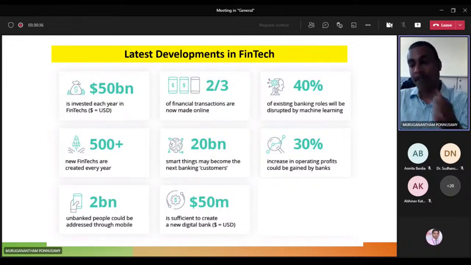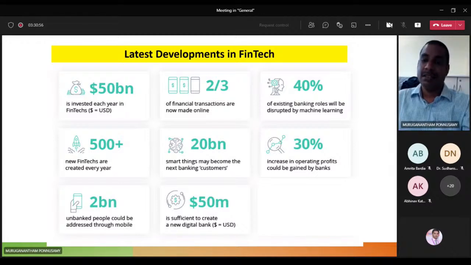A 30% increase in operating profits would be gained by banks. Please don't think that because of this automation people will lose their jobs. It never happens. 20 billion unbanked people could be addressed through mobile. $50 million is sufficient to create a new digital bank.